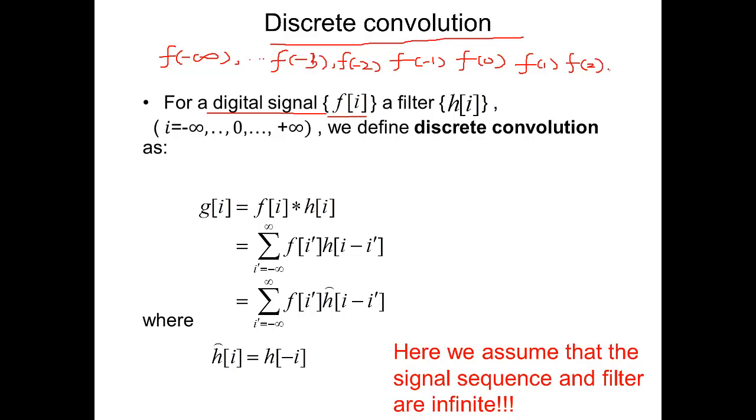So don't think it's difficult. It's very simple. We just assume that it's a sequence of numbers. We represent it by f. That's the signal.